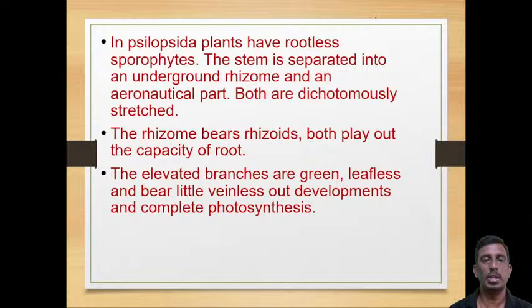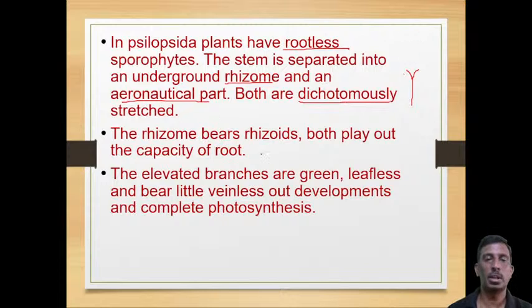Their sporophyte is rootless, they don't have any roots. The stem is underground. This underground stem is called rhizome, where there is an underground part and an aerial one. Both show dichotomous branching.